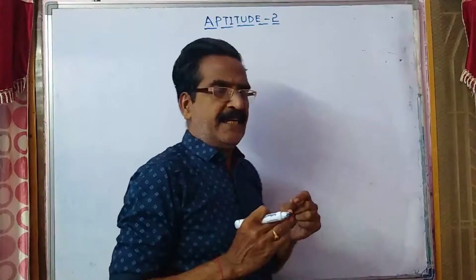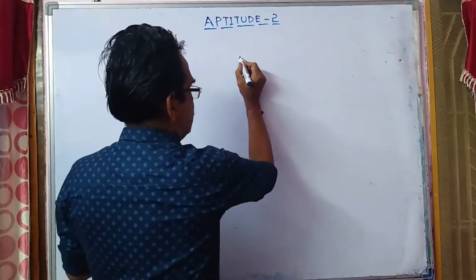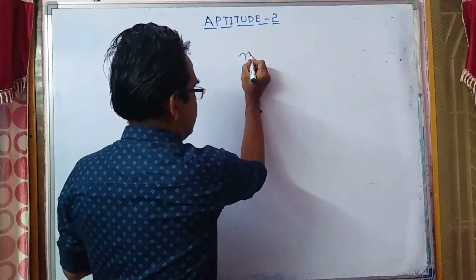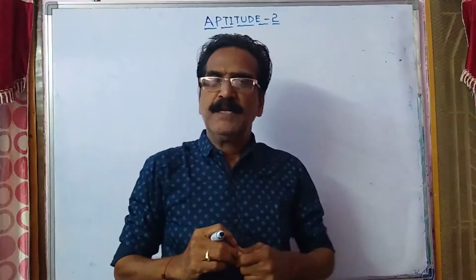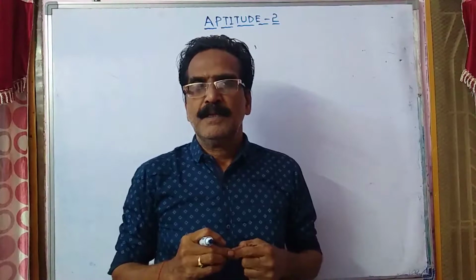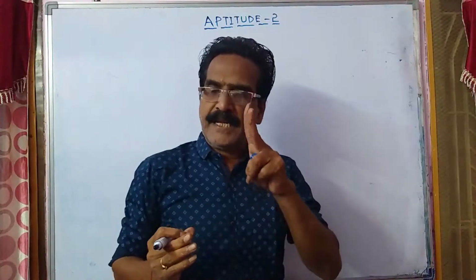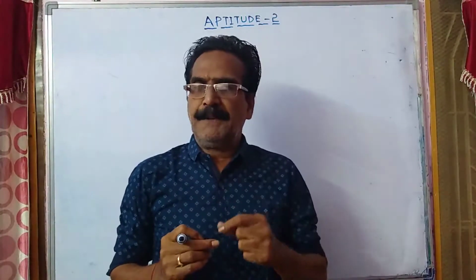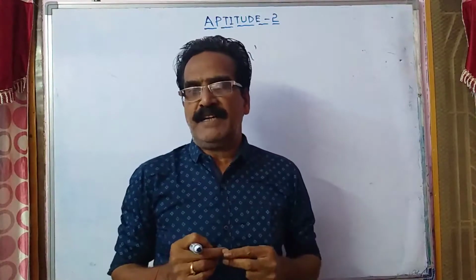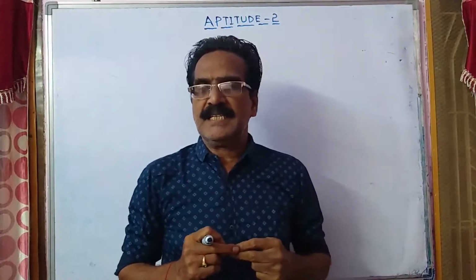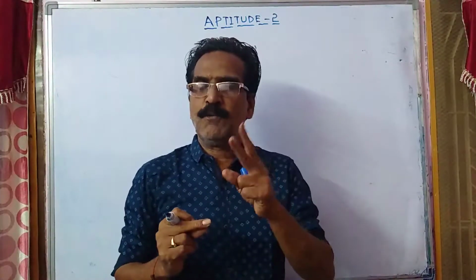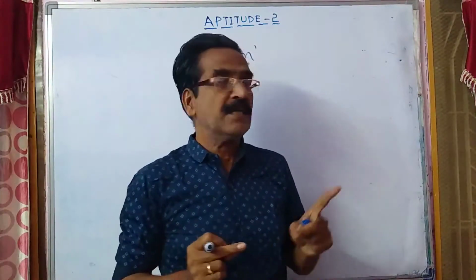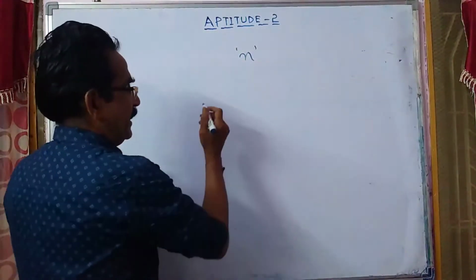So let us say n teams participated in the tournament. For each game, 2 teams are required. In how many ways can we select 2 teams from n teams?